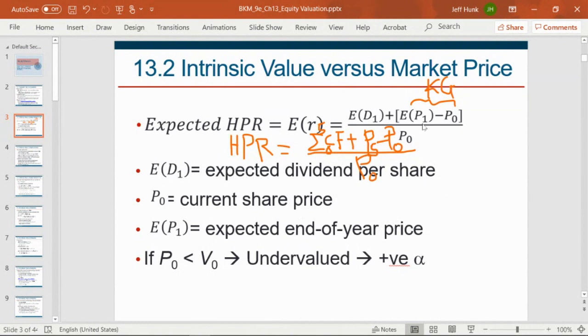But if we use the expectations operator, what does that mean? We are using a forecast, right? And the forecast is based on the rational expectation. In other words, we don't have dividend at time 1.